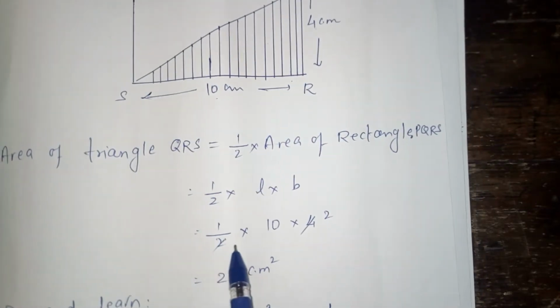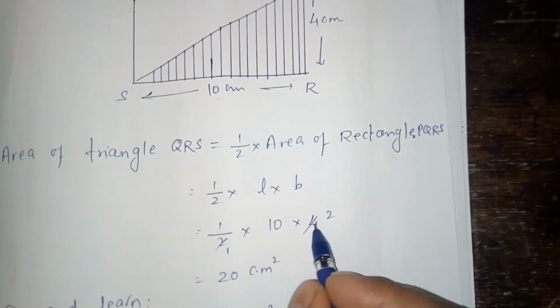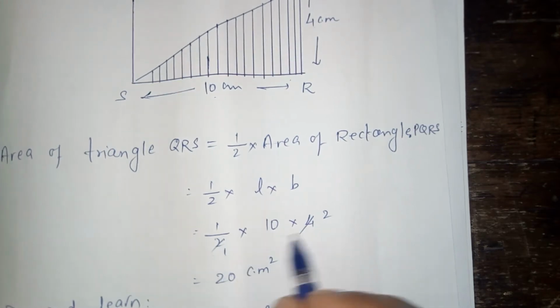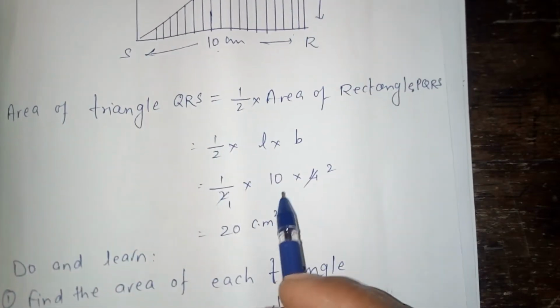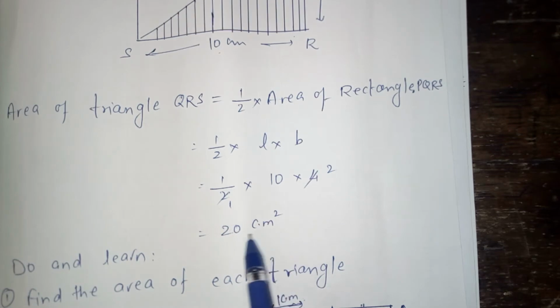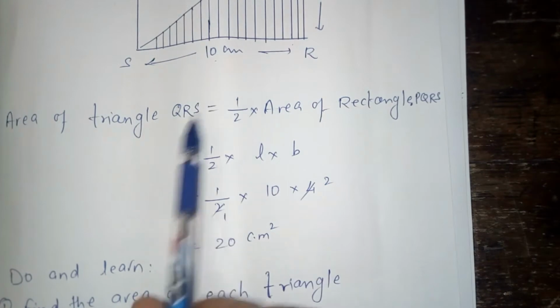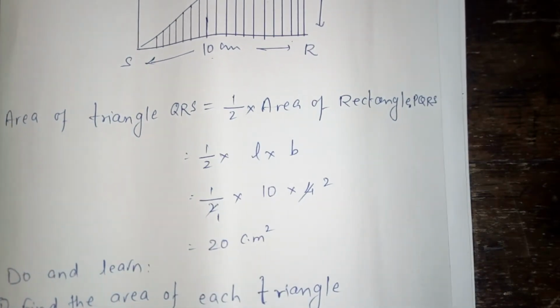After cancellation, what are you getting? 2 ones are 2, 2 twos are 4, and 10 twos are 20. 20 square centimeter is the area of triangle QRS. My dear students, by this method we can find the area of a triangle. Then after this we will discuss some problems.